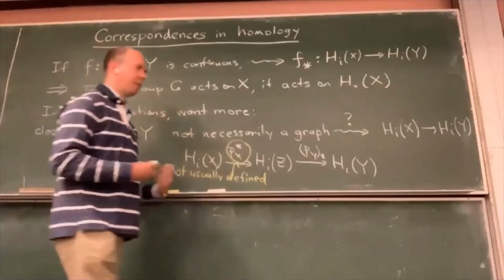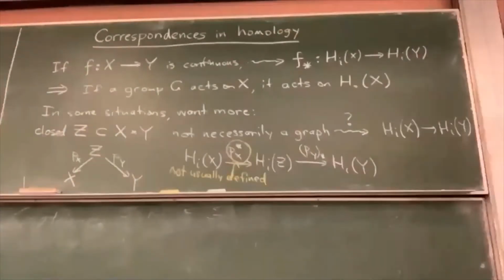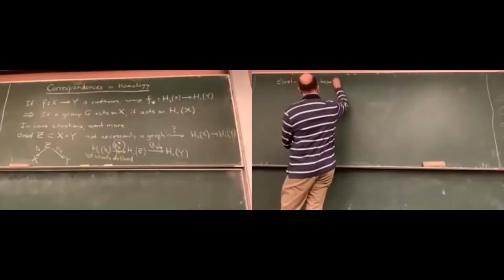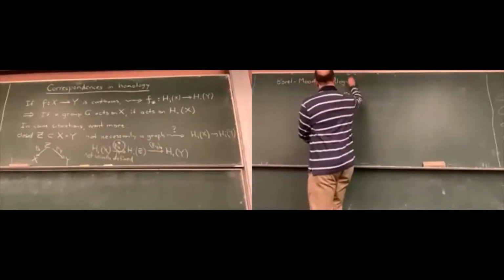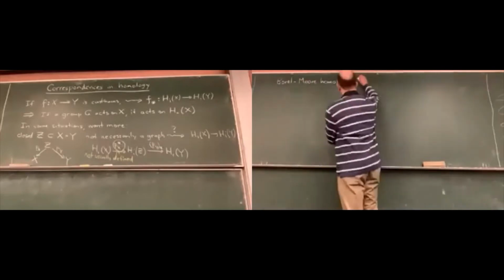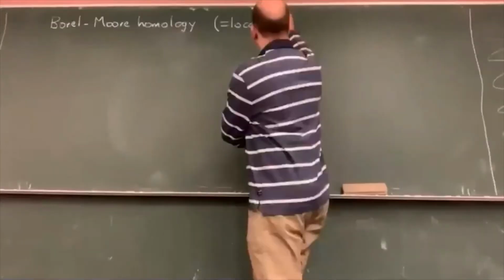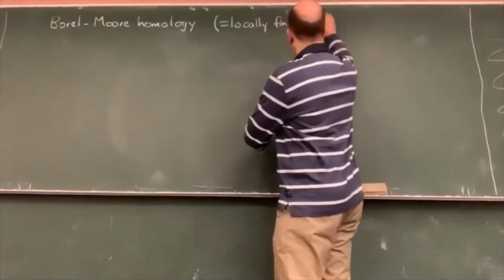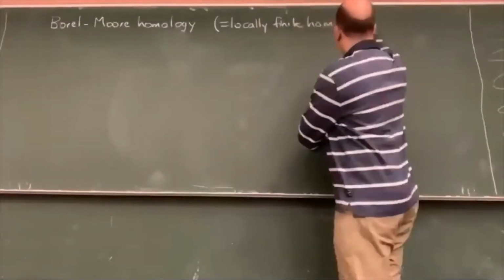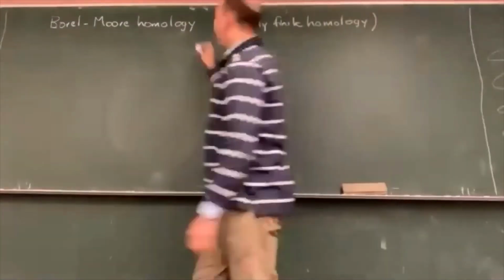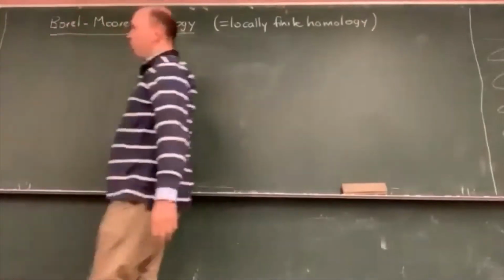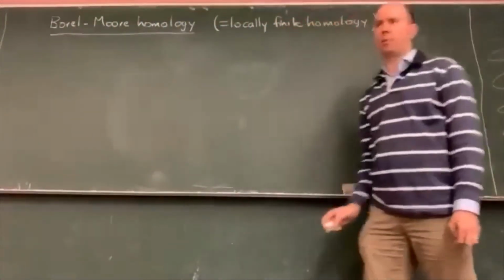So the theory which is normally used in geometric representation theory for these purposes is Borel-Moore homology. It's also known as locally finite homology. And the first half of today will be essentially just an introduction to some of the basic properties of Borel-Moore homology.